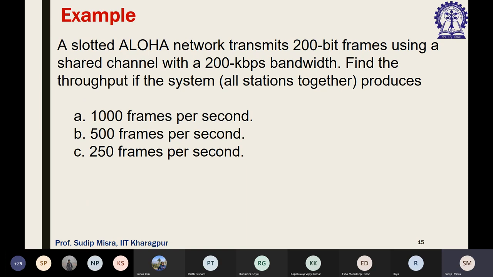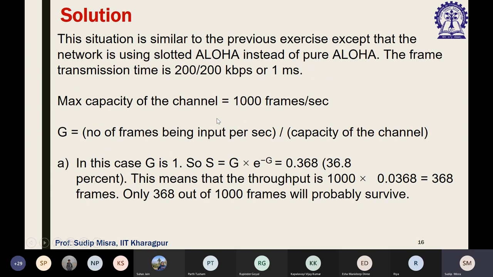Now, the next question is exactly the same as before, but instead of pure Aloha, it is now slotted Aloha. All the other parameters are the same. So if it is slotted Aloha, the maximum capacity is the same as before, but the value of the throughput is going to change.